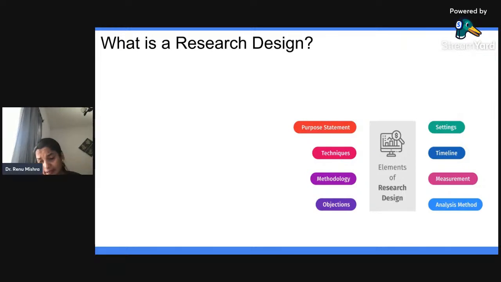Research design tells you which methodology you will go ahead with, whether you would like to understand people's behavior, their attitude, customers' preferences, or their experiences.